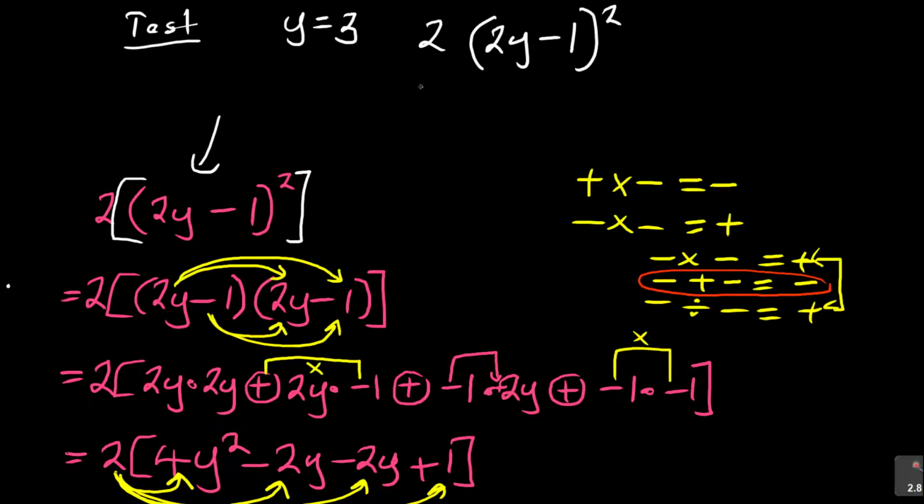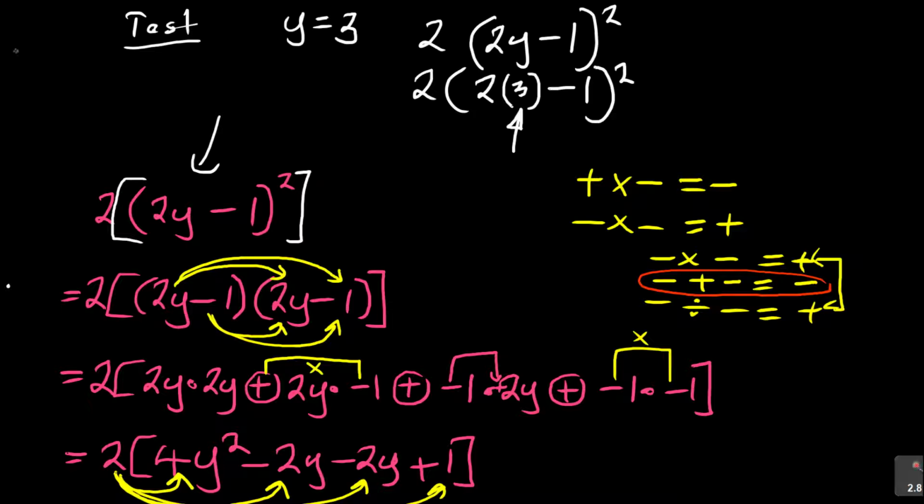So you say 2, and then a bracket, put a 3 and close, minus 1, and close. See what I did? Whenever you are substituting, you put a bracket.